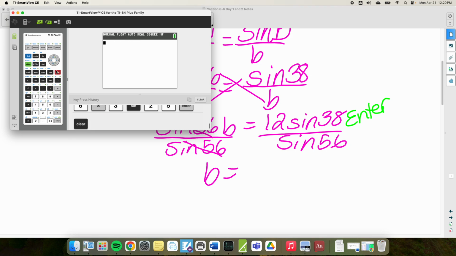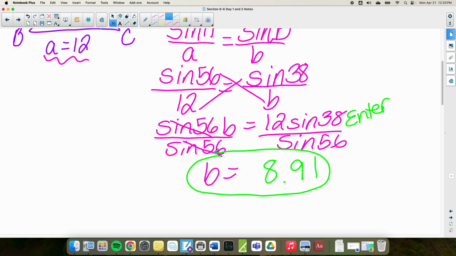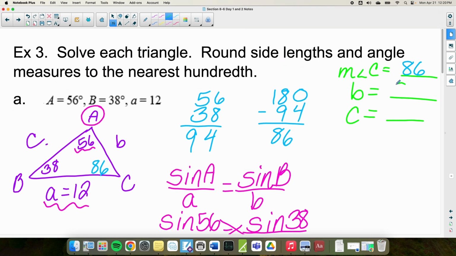We're gonna do 12 sine 38, and you have to hit enter, and then you're gonna divide by sine 56, and Dawson's correct, 8.91. Okay, so I can go back up here and put that right here. If I wanted to, I could put it into the triangle, but I don't have to for this.